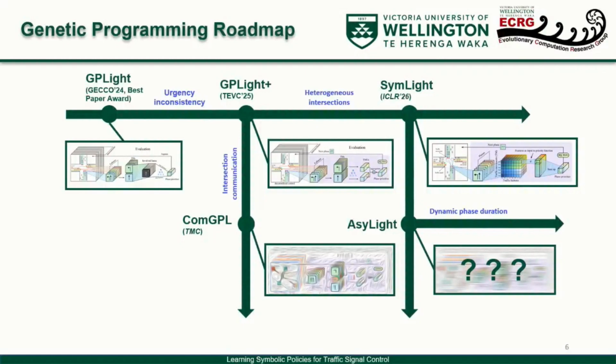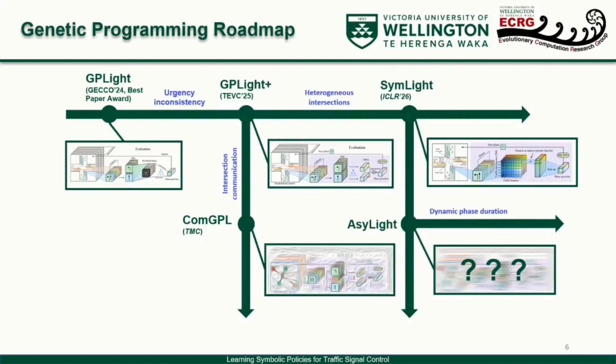So this is a roadmap of our work so far. We proposed the first approach, called GP Light, Genetic Programming for Traffic Light, and we published it at GECCO last year and won the Best Paper Award in the Genetic Programming track.